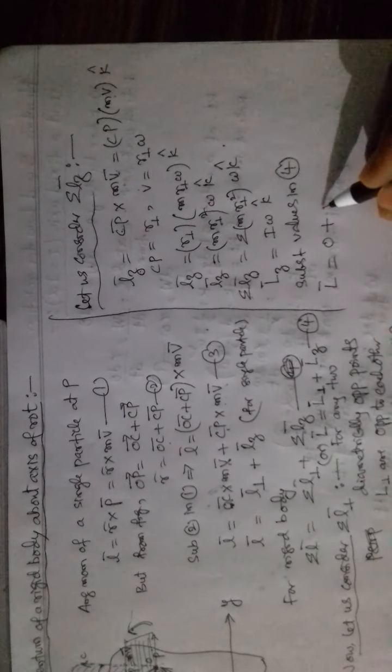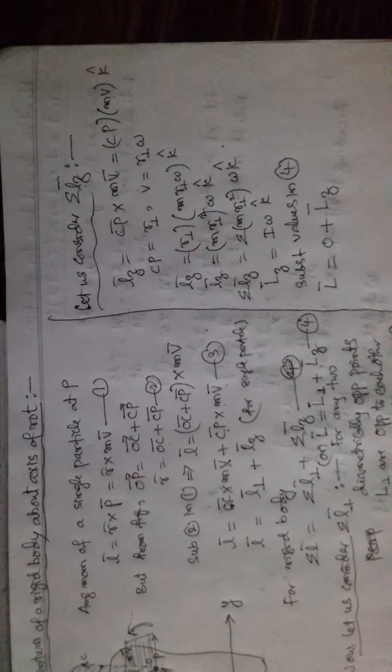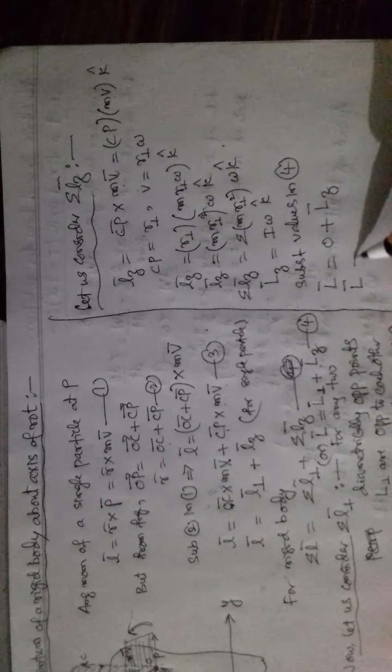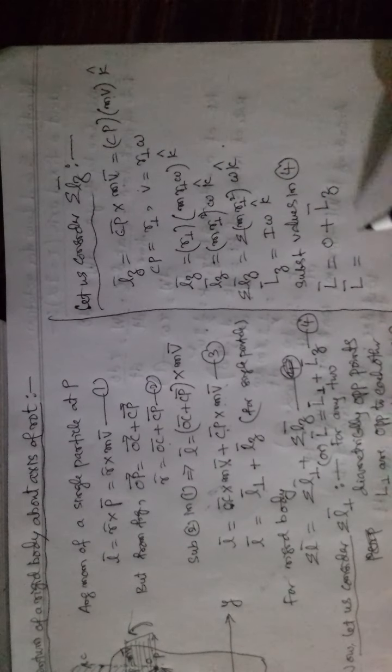Here Lz, L is equal to Lz, that means I omega k. So now taking the magnitudes, we can write L is equal to I omega.